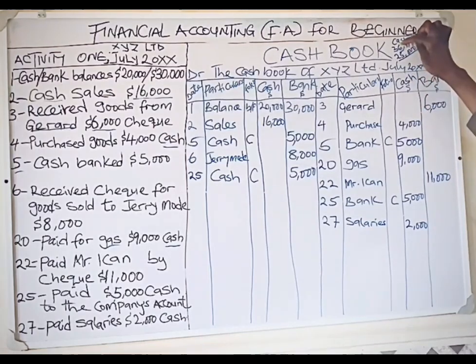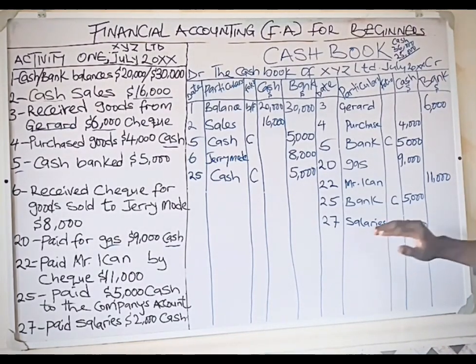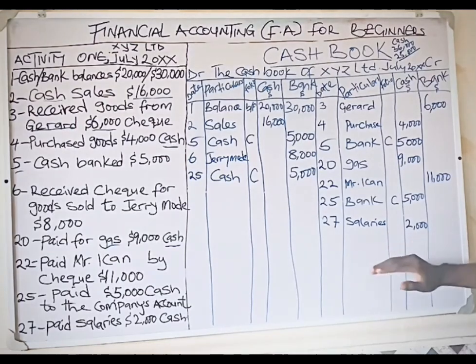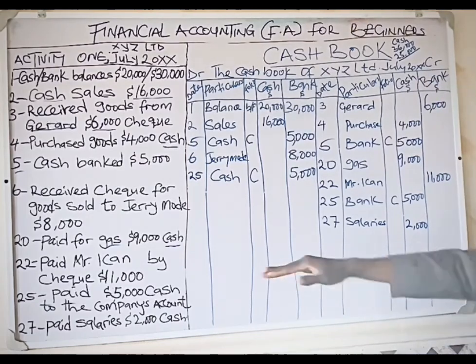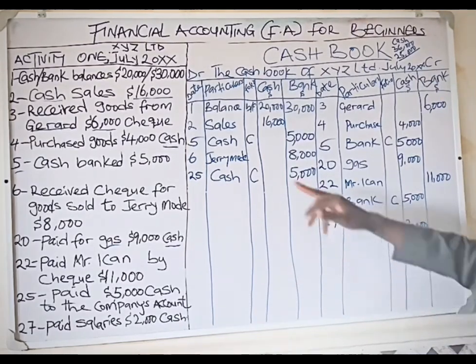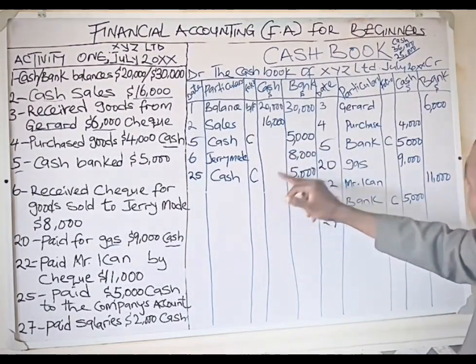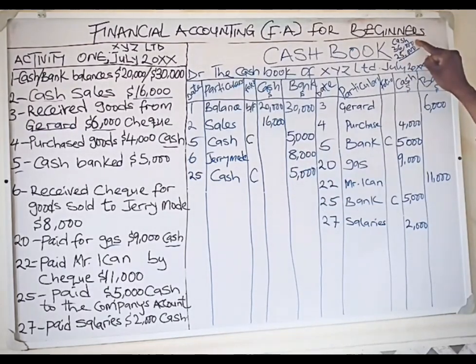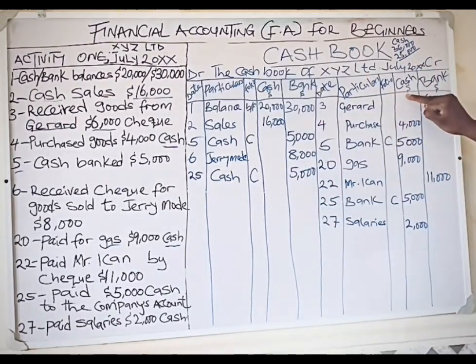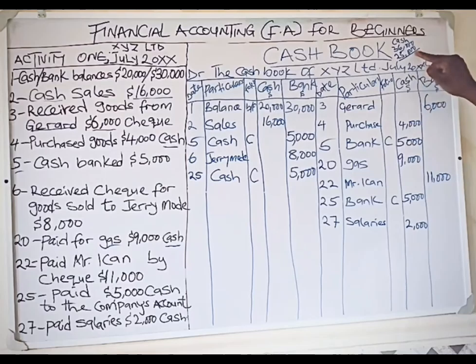So if you minus 25,000 from 36,000, whatever you get is your balancing amount that will balance off your account. What I'm saying is, we need to balance it to have the same figure. Your cash column at the debit side is 36,000. Your cash column at the credit side is 25,000.